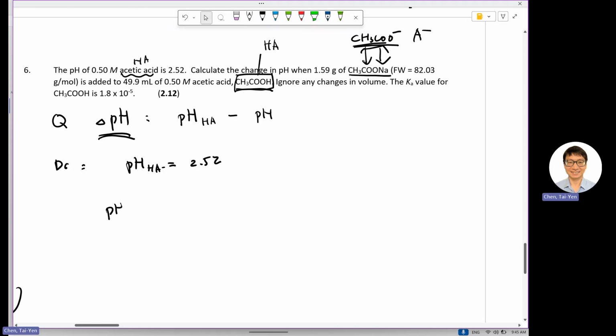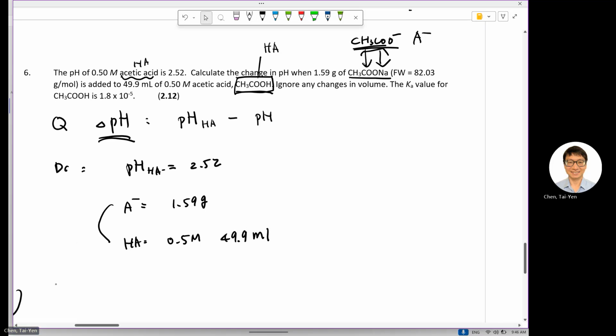And the pH of your buffer is what you want to calculate. Your A minus is 1.59 grams, added into an HA solution, which is 0.5 M, 49.9 milliliters. So apparently you're going to have a buffer.